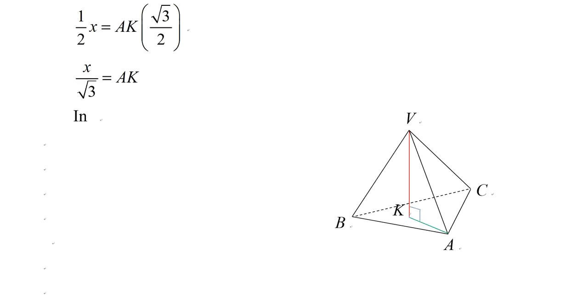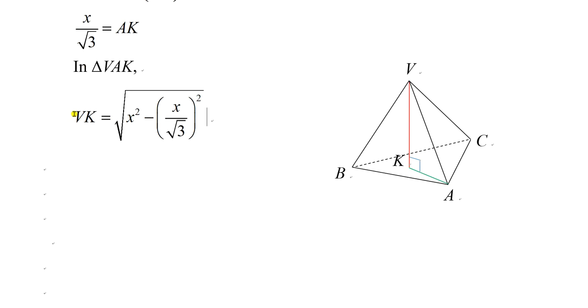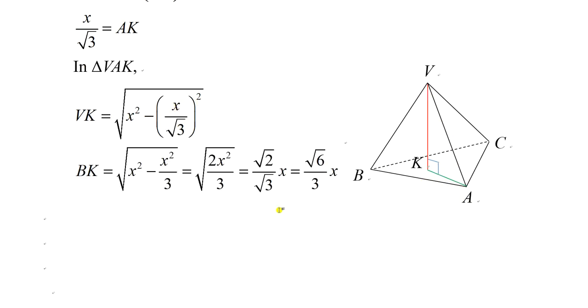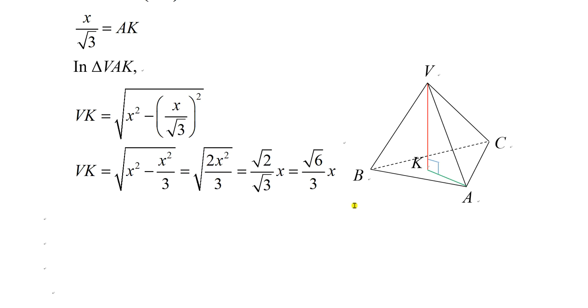Now consider the whole figure in triangle VAK. We can use Pythagoras theorem to find VK. VK will be equal to the square root of VA squared, that means x squared, minus AK squared, that means x over root 3 in brackets squared. So VK will become the square root of x squared minus x squared over 3, and inside the square root sign, this becomes 2x squared over 3.